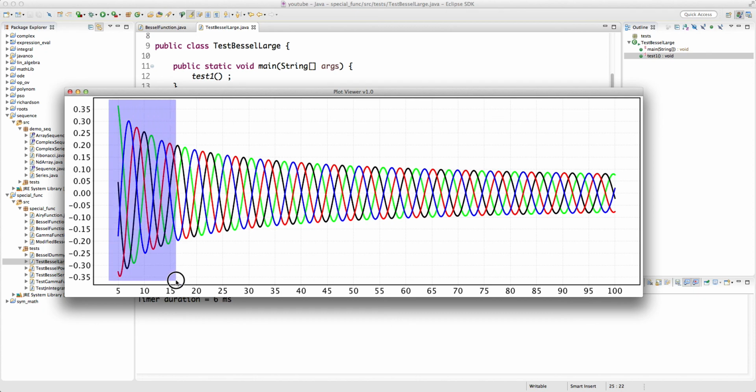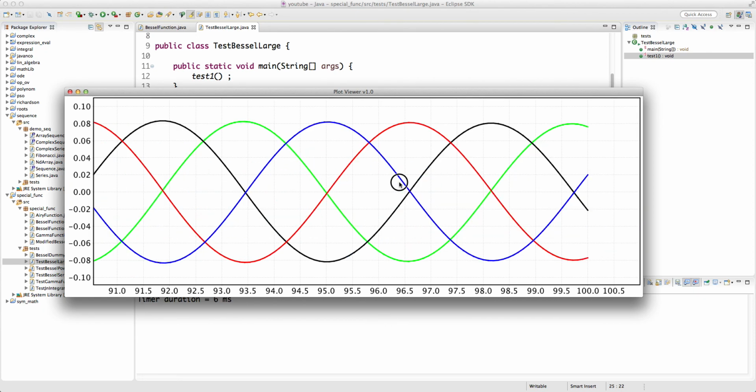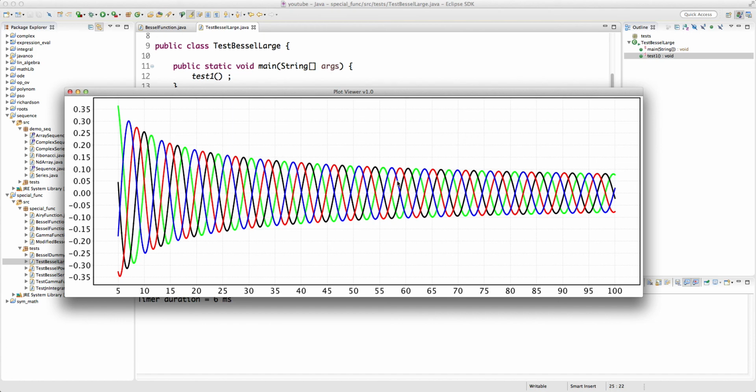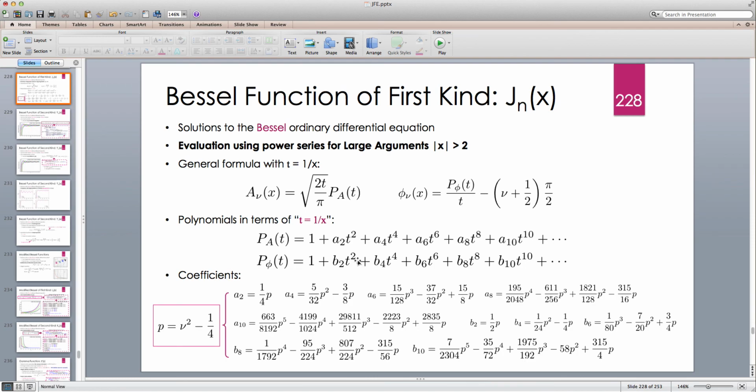This is impressively fast. It's even faster than the previous case for a small argument, because in the small argument we had that gamma function, which takes a little bit of time. But here we have absolutely nothing. The only thing we have is two polynomials, which take no time to calculate, and then a square root, which is pretty fast, and then a sine and cosine function.